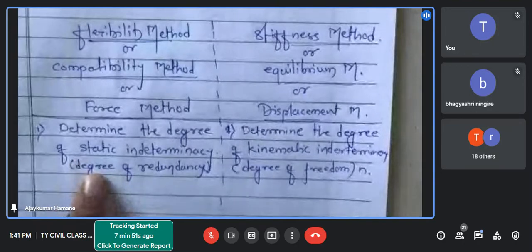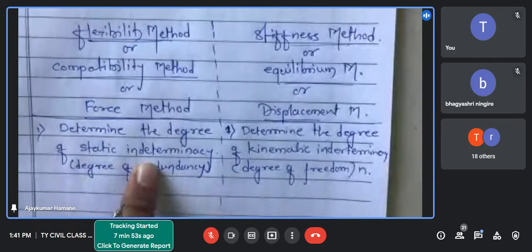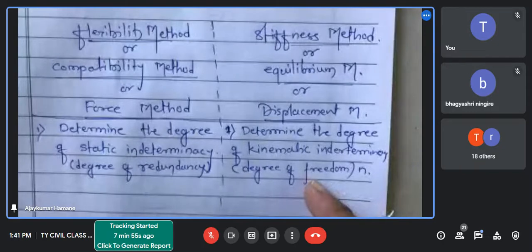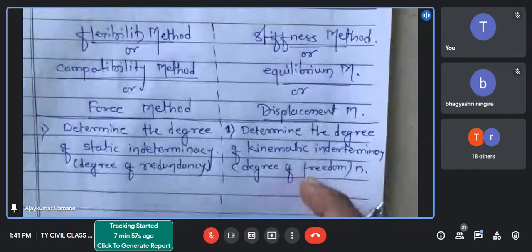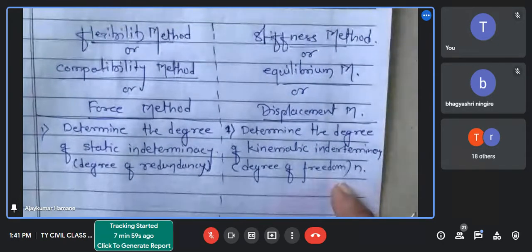So in the flexibility method, we have to determine the static indeterminacy, and in the stiffness method, we have to determine the kinematic indeterminacy.